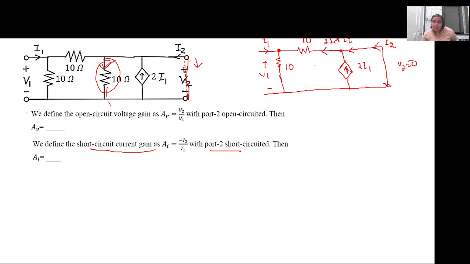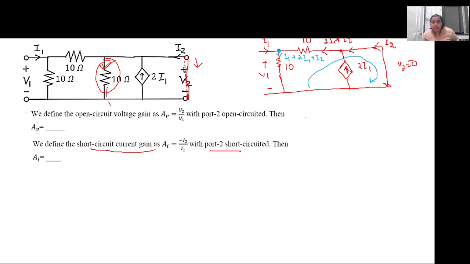So 2 I1 plus I2 current is flowing in. Now if I apply KCL here, it is I1 plus 2 I1 plus I2. This is the net current that will be flowing in this 10 ohm branch. Now I will apply KVL in this entire loop.